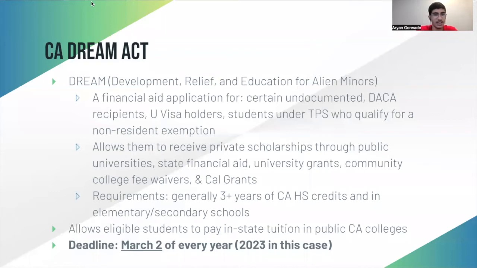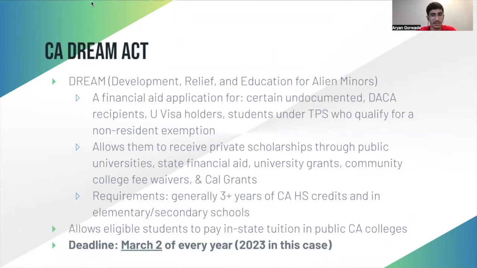Now, this allows undocumented students, DACA recipients, U visa holders, and students under temporary protected status or TPS who qualify for non-resident exemption under certain bills to receive certain types of financial aid, such as private scholarships funded through public universities, state-administered financial aid, university grants, community college fee waivers, and Cal Grants.